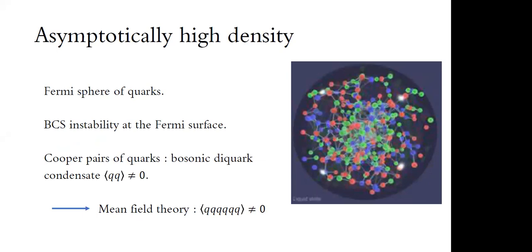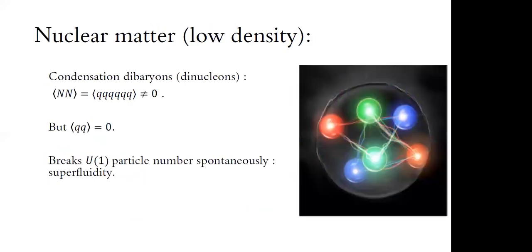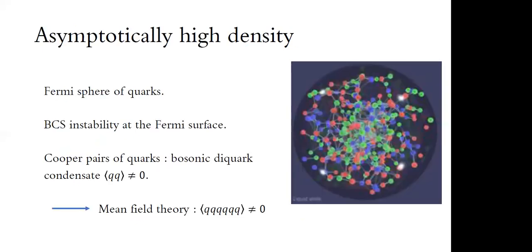And you can use mean field theory to show that because QQ is not equal to 0, the 6 quark operator is also not equal to 0. So you have basically 2 scenarios. Comparing the previous slide with this one: previously, the 6 quark operator was non-zero but the diquark operator was 0. In the other case, the diquark operator is non-zero and also the 6 quark operator is non-zero.